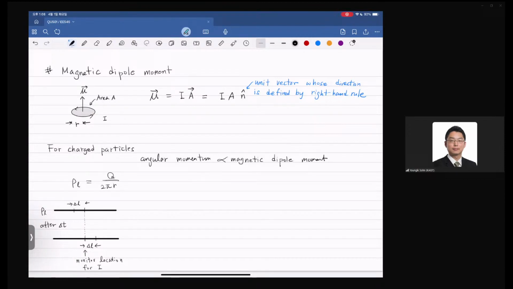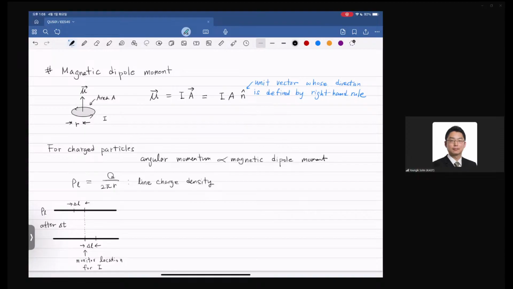So I'm going to monitor here and then measure I. And this loop has a line charge density. Let me make a link between them.